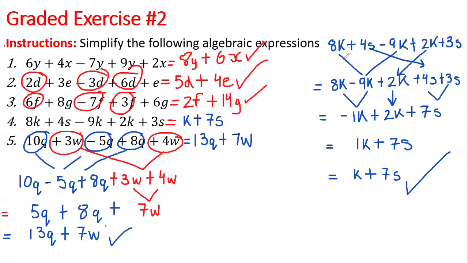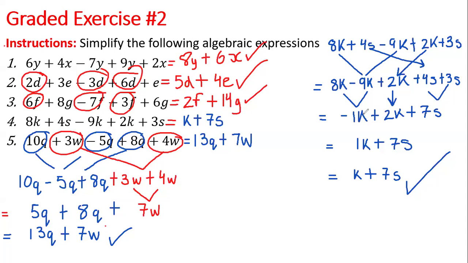So when we have 8K and 9K, we bring them together, and then we have the 2K, right? And then we do 8K minus 9K. What is 8 minus 9? Negative 1. What is 4s plus 3s? 7s. Good. And then what is -1k plus 2k?